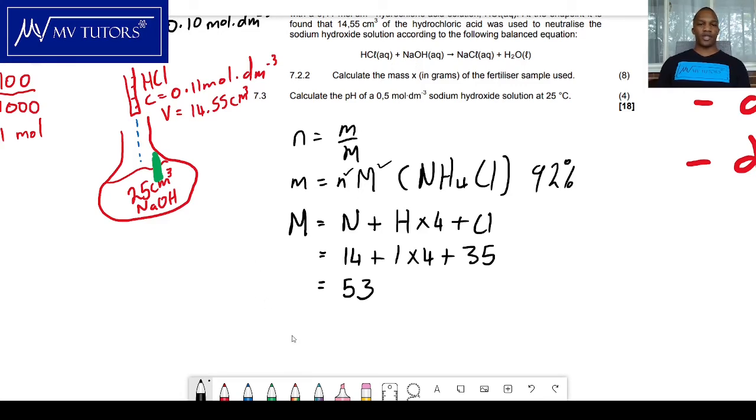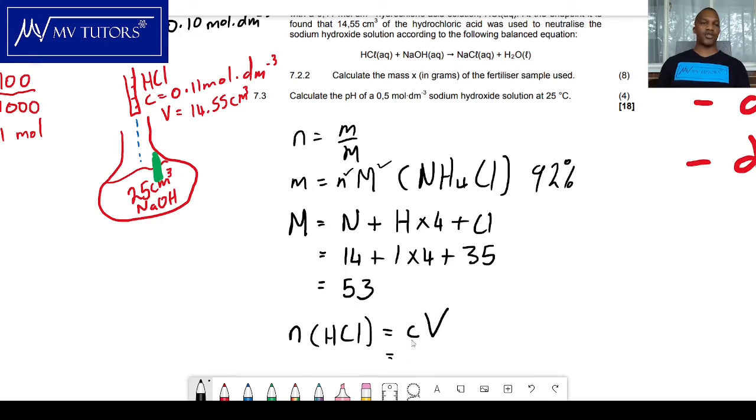So the number of moles, we're talking about HCl now because we have information, is going to be equal to, if you remember the formula, that includes concentration and volume.